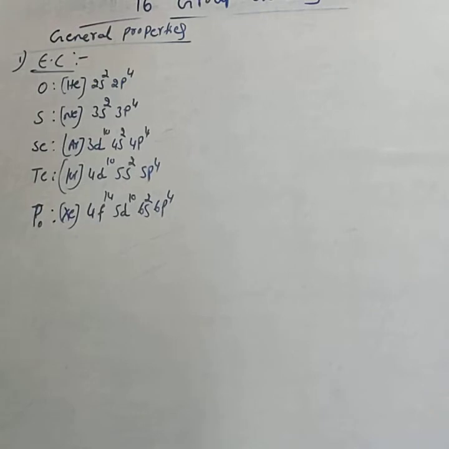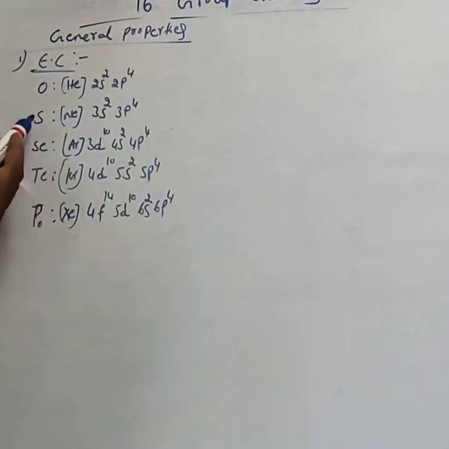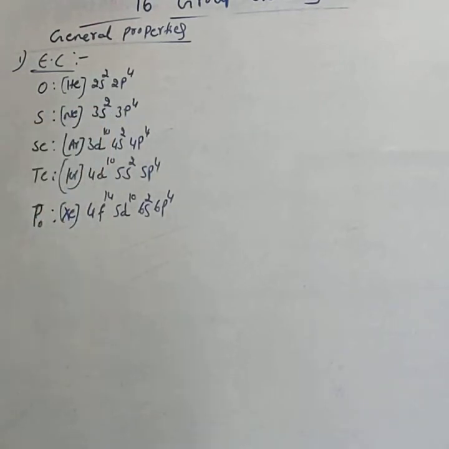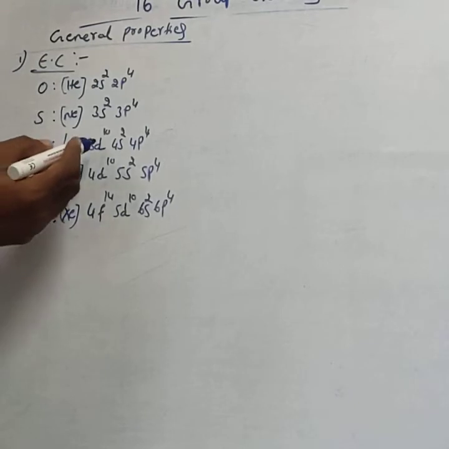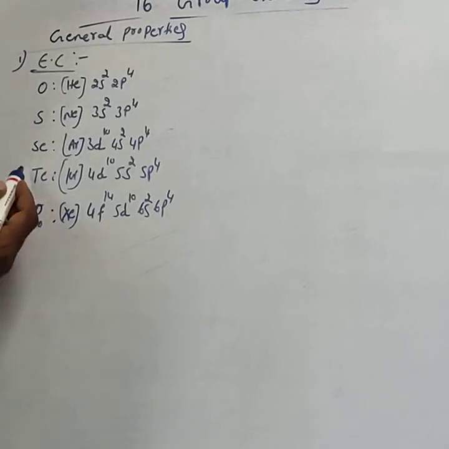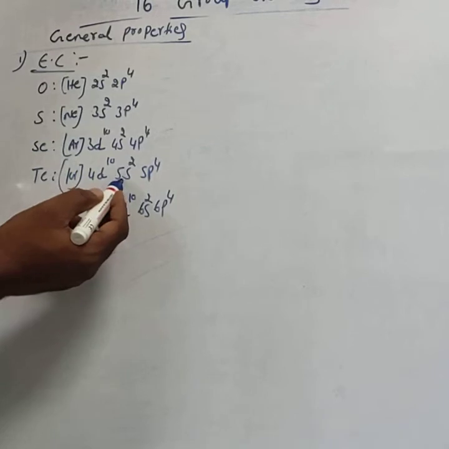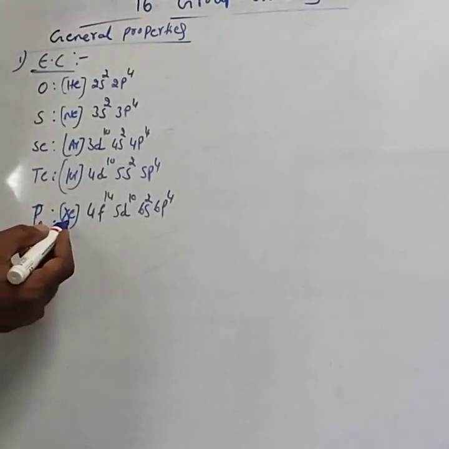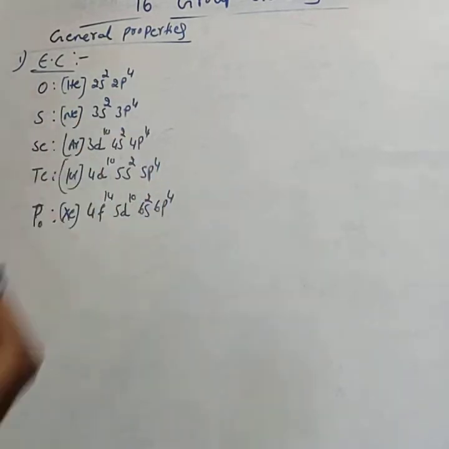Oxygen configuration is helium 2s2 2p4, sulfur is neon 3s2 3p4, selenium is argon 3d10 4s2 4p4, tellurium is krypton 4d10 5s2 5p4, polonium is xenon 4f14 5d10 6s2 6p4.